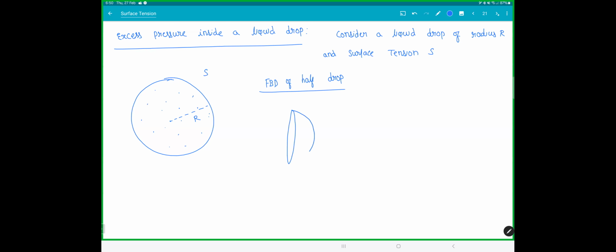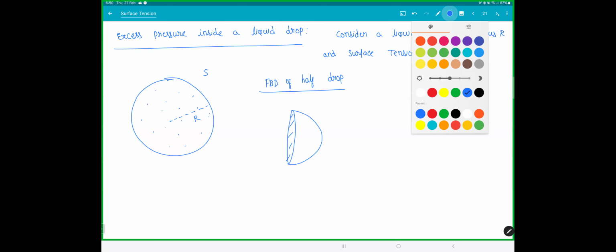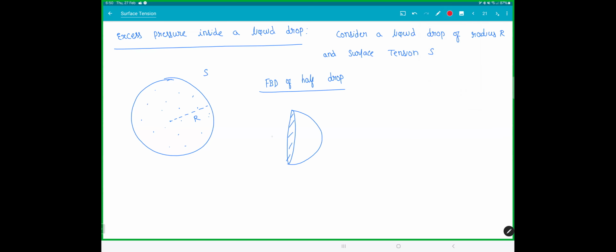What are the forces acting on this? One from inside: we have pressure inside into pi r square.